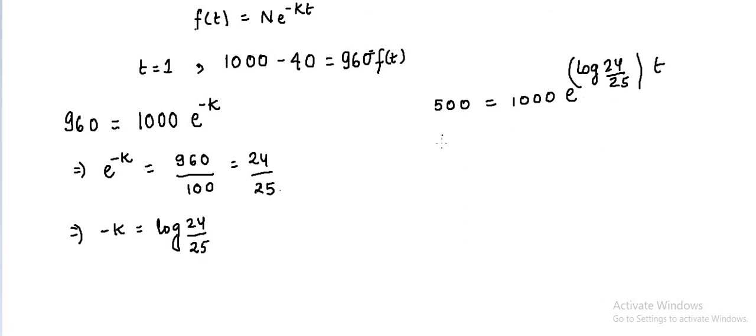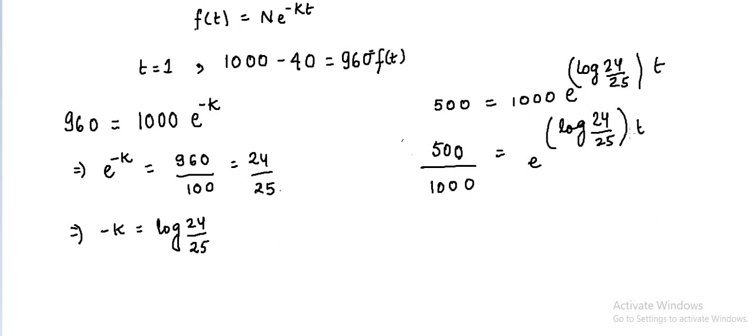Now take log both sides. Let's simplify. This is 500 by 1000, which is equal to e to the power log 24 by 25 into t. This is going to be 1 by 2, which is equal to e to the power log 24 by 25 into t. Again, take the log both sides.